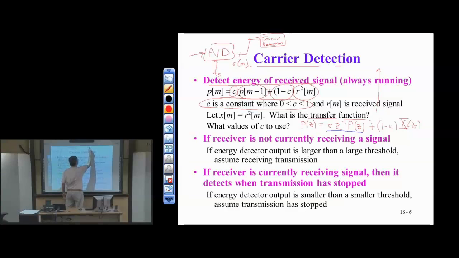I get P of z divided by x of z. And really by inspection, you might be able to get this. It's just a first order system. You've worked a lot of these. So in the denominator, what am I going to get? 1 minus c z to the minus 1. And what's in the numerator? Just 1 minus c. There's no dependence on z.